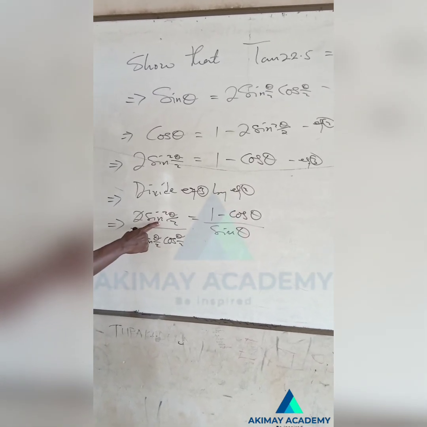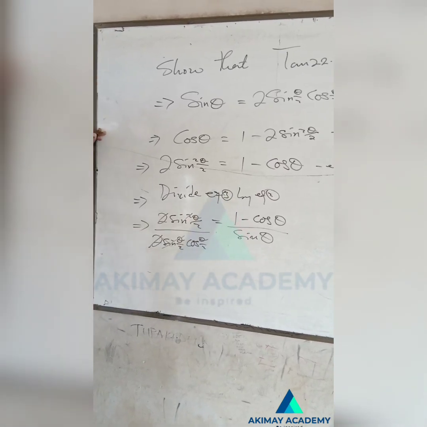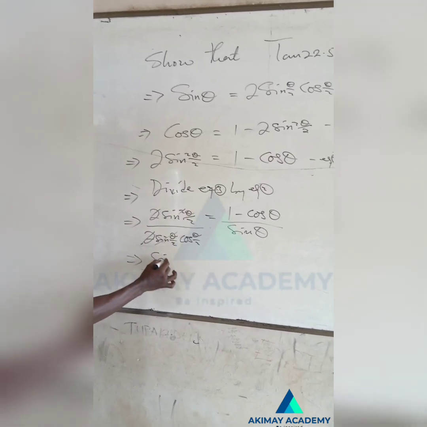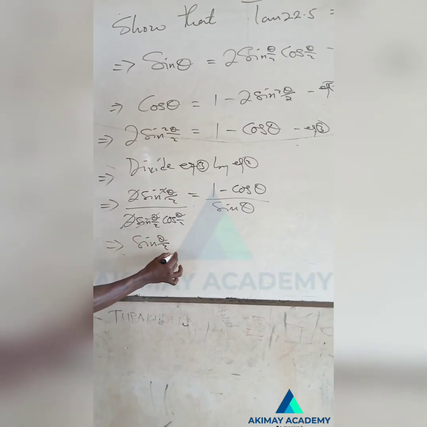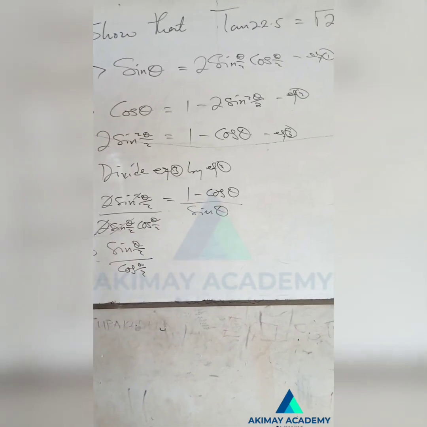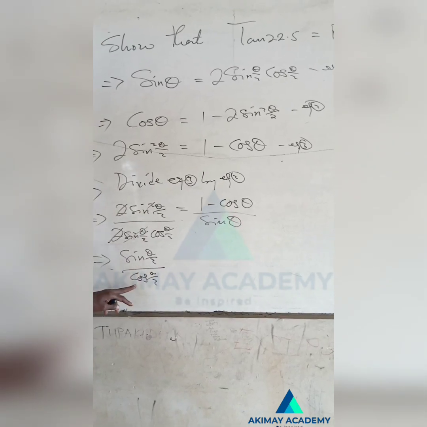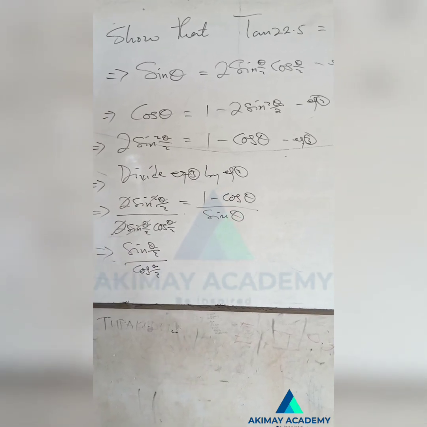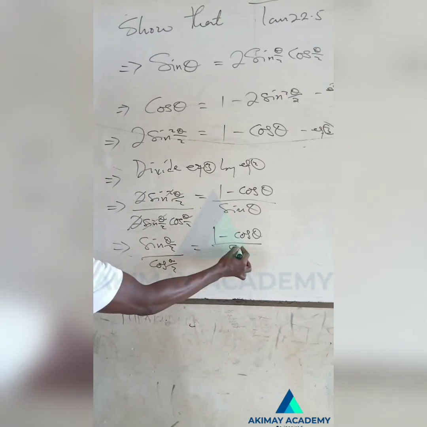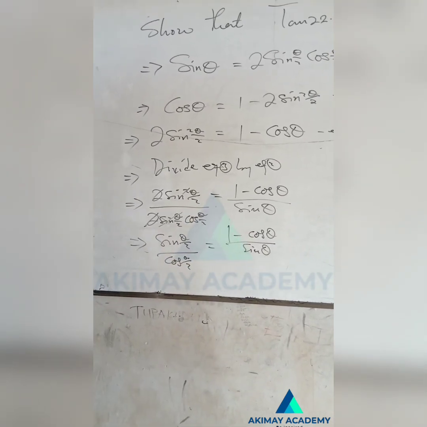So here there are two of this, so this one will cancel one of this, leaving us with sine theta on 2 out of cos theta on 2, and this equals 1 minus cos theta out of sine theta.